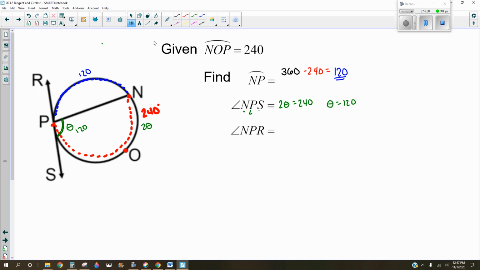Right? Then the last one is find angle NPR. Angle NPR. So this side right here. This is NPR. So we can do the same thing. This one is going to double to create that one, right? That's how they work. We also know that this one and this one should add up to a straight line, or 180 take away.